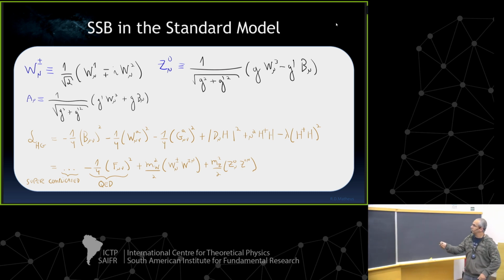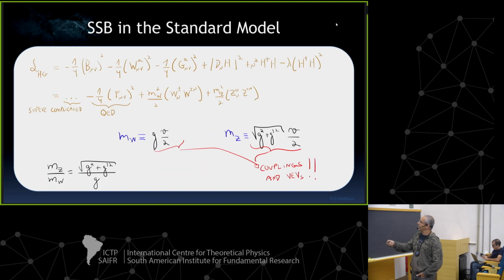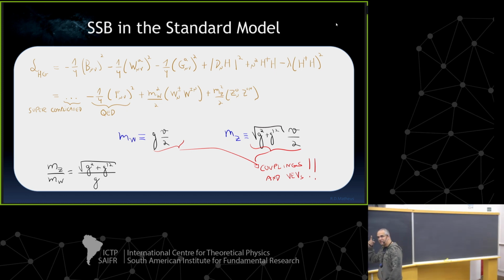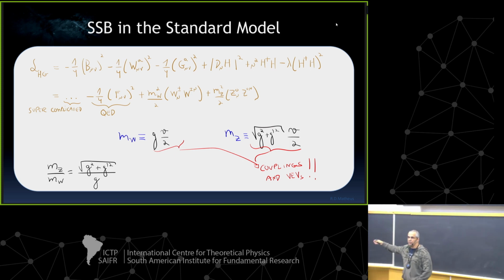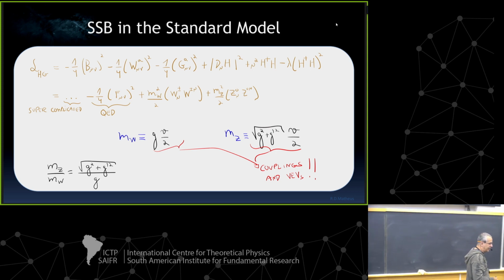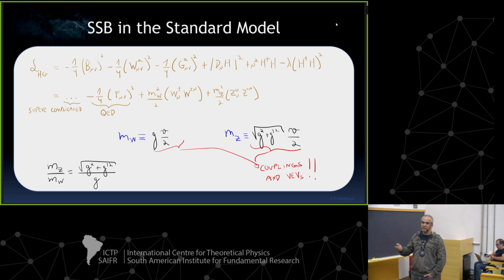These are numbers that arise once you substitute these in here, and this is what they are. So the mass of the W, the mass of the Z are here, and they have this common pattern with the simplest example I gave you for U1 spontaneous symmetry breaking, where the masses obtained by the gauge boson there are proportional to the VEV, the vacuum expectation value of the scalar, and the coupling of that gauge boson with the scalar.